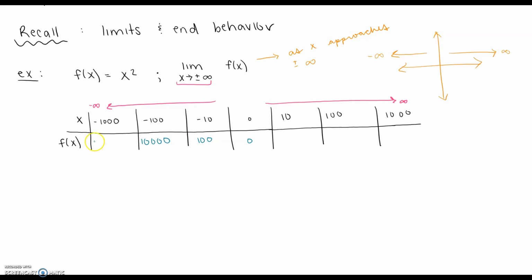Okay, negative 1,000 squared, that's 6 zeros. Then we do our same thing. So 10 squared, 100 squared, 1000 squared.